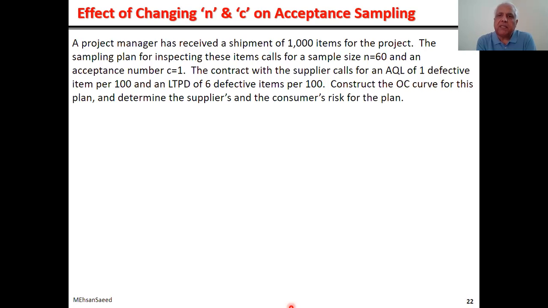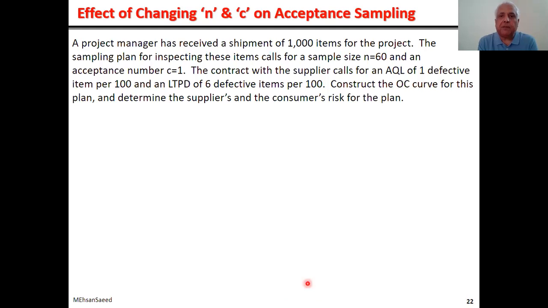So sample size n is equal to 60 here, and an acceptance number of 1. That is c is equal to 1, which means you will only accept the lot if in the sample you either have no defectives or just one defective. If there are 2 defectives, the lot is rejected.